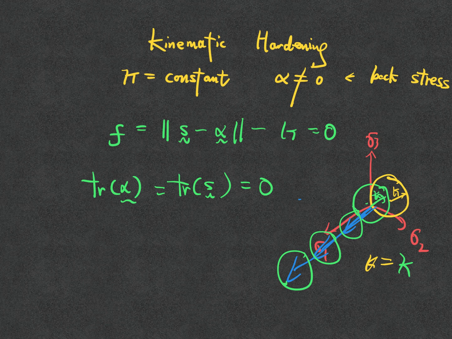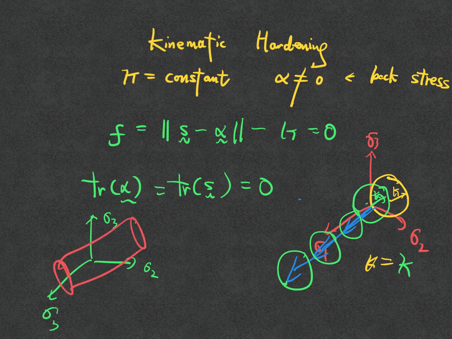What if it's not equal to 0? Now, considering that on the pi plane, you consider a special case of this. Okay, you see what I mean? Now, this line is the sigma 1 equal to sigma 2 equal to sigma 3 line. Okay, so if the trace of the back stress is not equal to 0, then what happens?